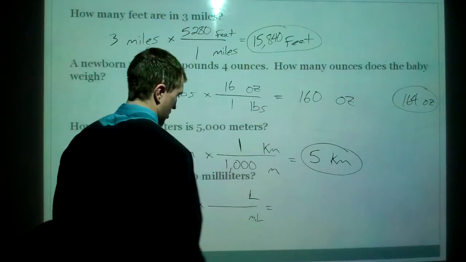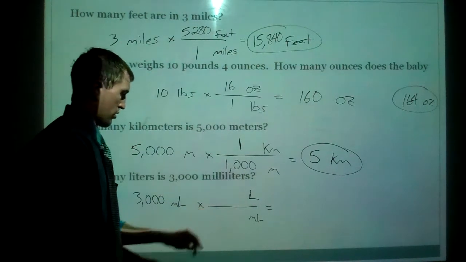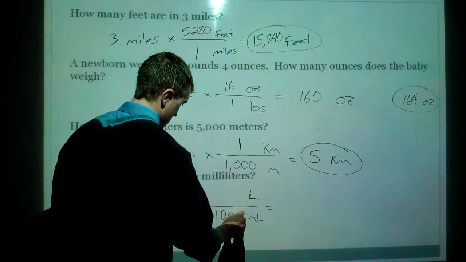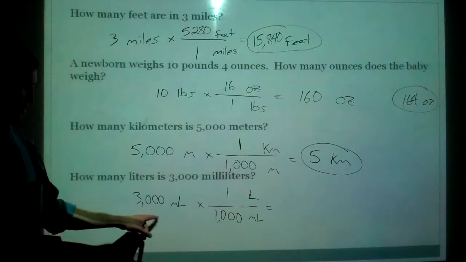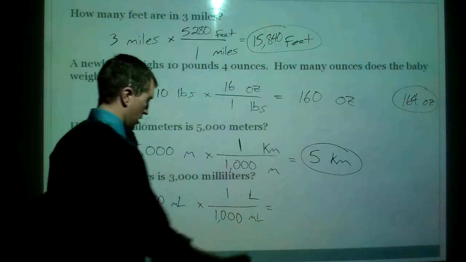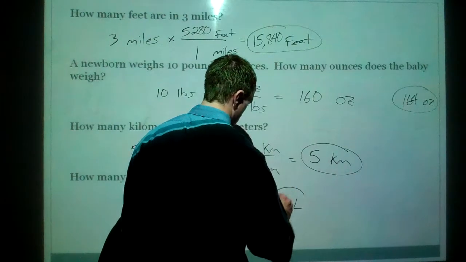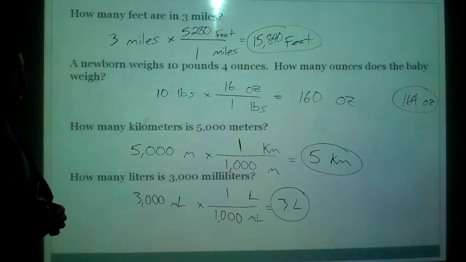Liters is on the top here, that's what we want, so we're good to go. 1,000 milliliters and 1 liter. So 3,000 times 1, 3,000, divided by 1,000, 3 liters. So just a few examples to go over here.